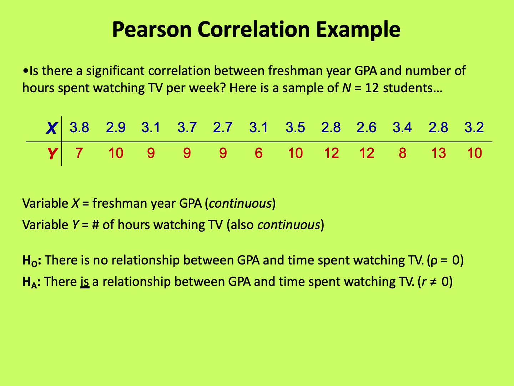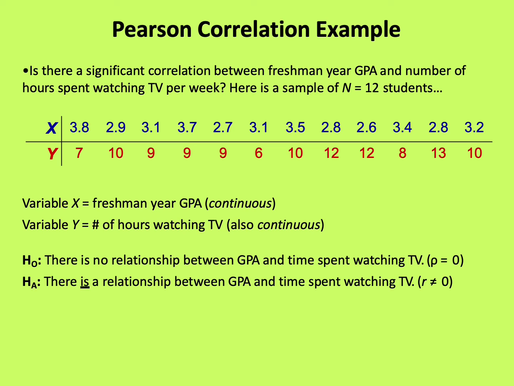The null hypothesis is that R is equal to 0, or that there is no relationship between GPA and time spent watching TV, whereas the research hypothesis, or the alternative hypothesis, is that there is a relationship between GPA and time spent watching TV.